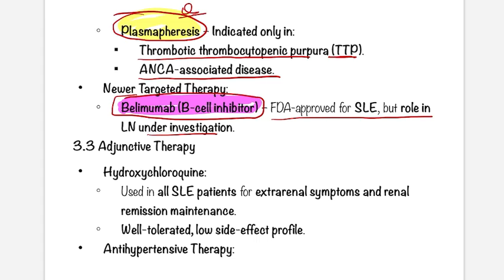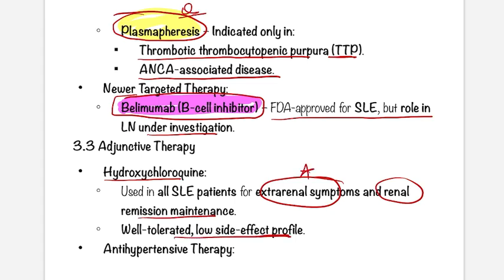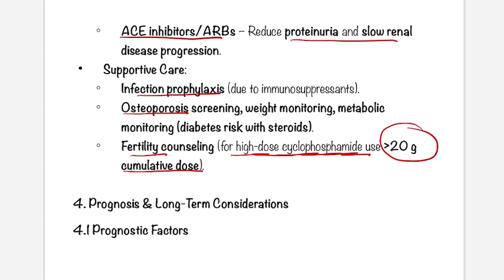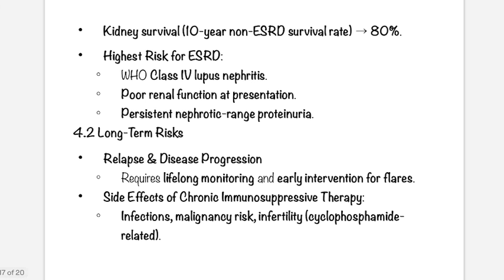Other therapies: hydroxychloroquine is used in SLE patients for extra-renal symptoms and renal remission maintenance, well tolerated with a low side effect profile. ACE inhibitors and ARBs are used for proteinuria and to slow renal progression. Supportive care, obviously, we have to give: infection prophylaxis, osteoporosis screening, fertility counseling, because a high dose of cyclophosphamide, more than 20 gram, produces infertility.